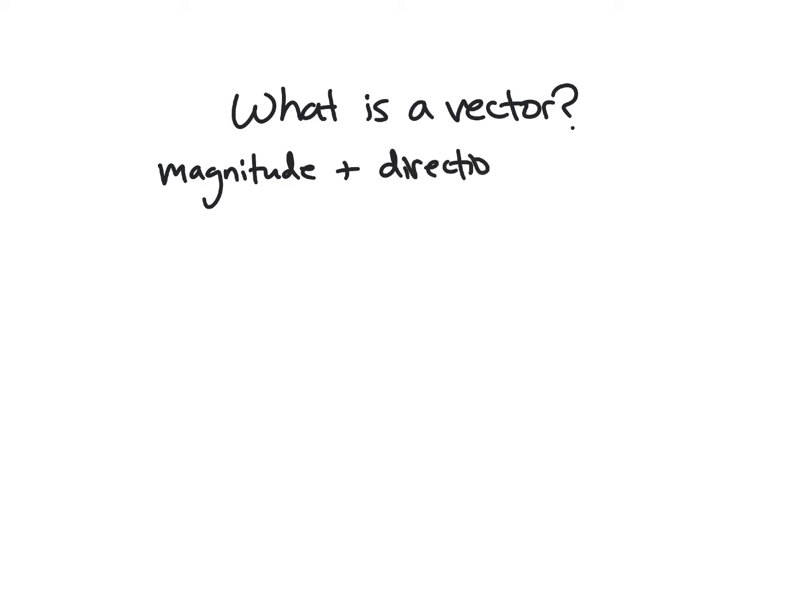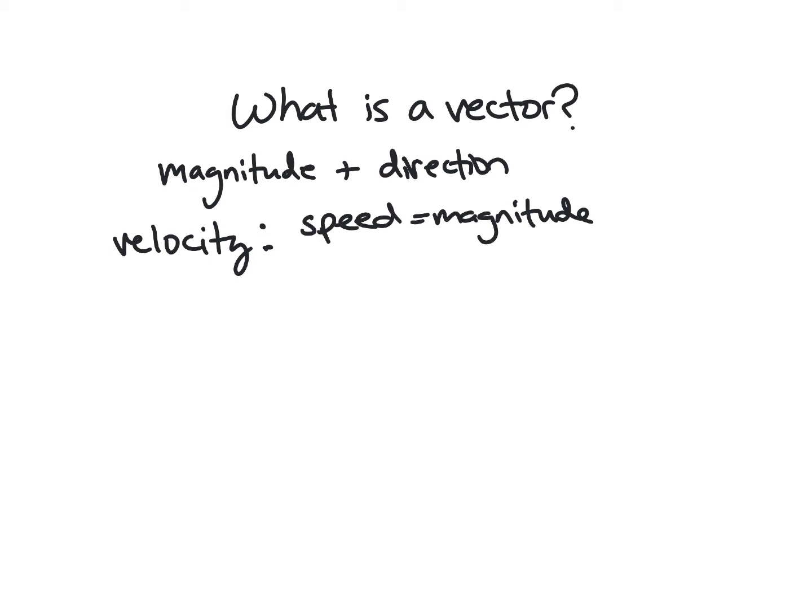You've already dealt with a great example of this many times, and that is velocity. Its speed is the magnitude. Think about if you're driving a car and you look at a speedometer, you never talk about a negative speed. So magnitude is something that's always positive, magnitude or distance, something like that.